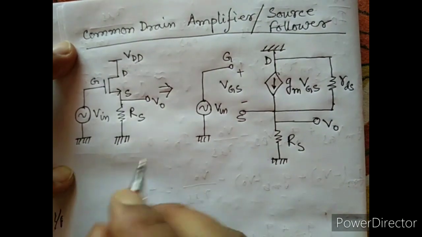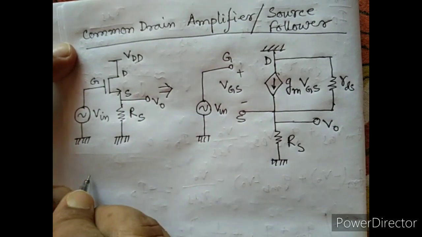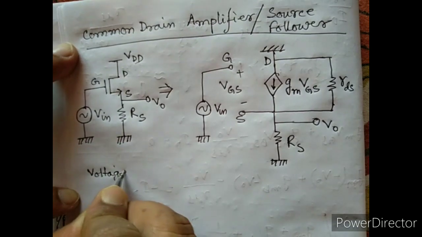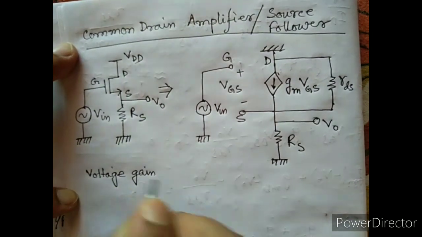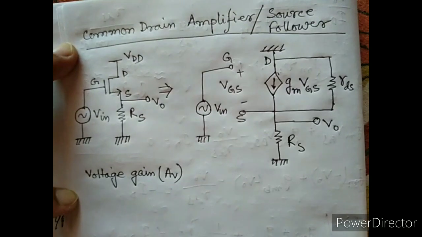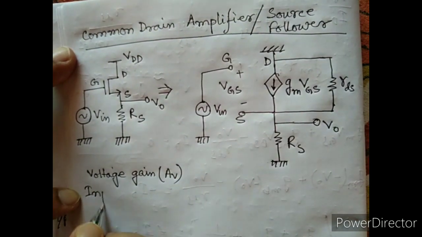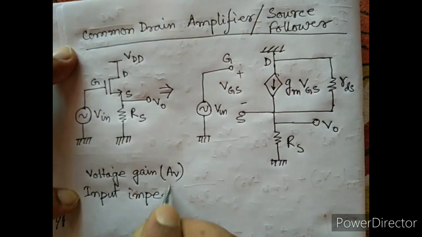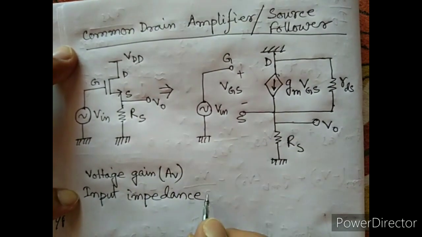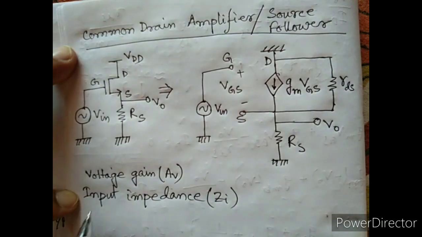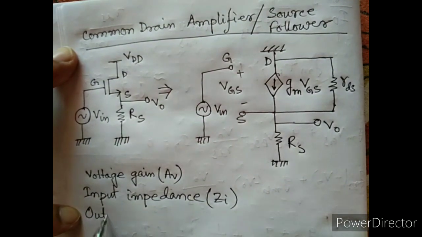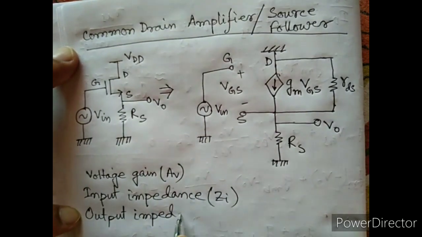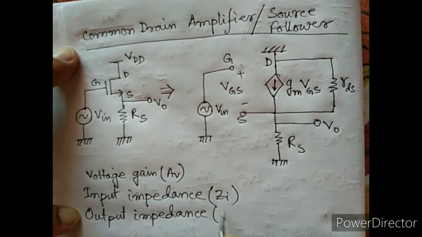Now what are the parameters we will find out? We will find out the voltage gain AV, input impedance ZI, and output impedance Z0.